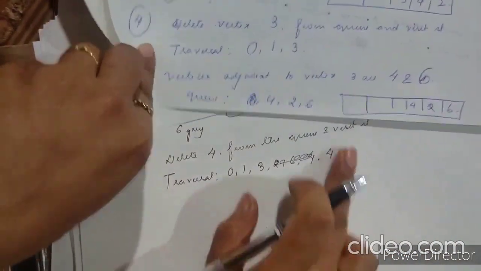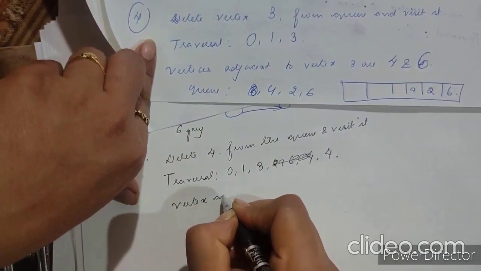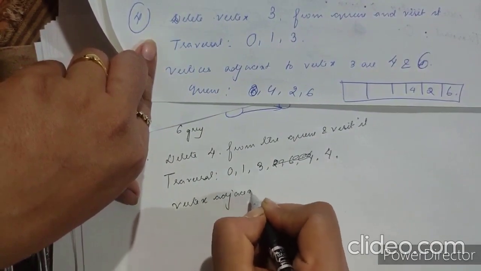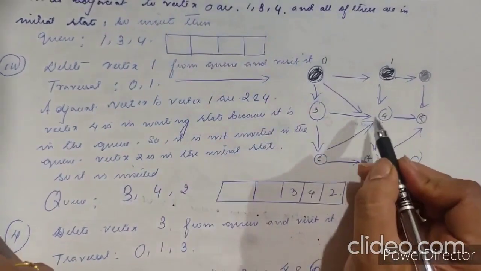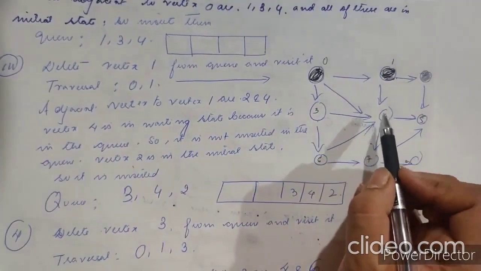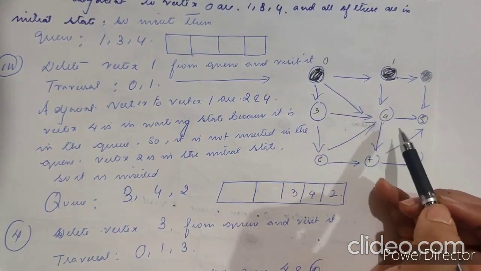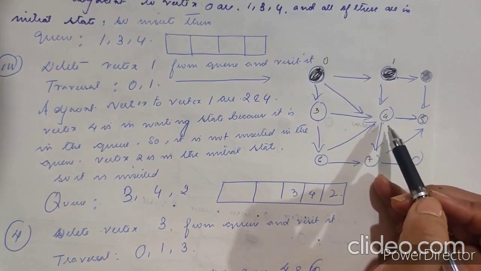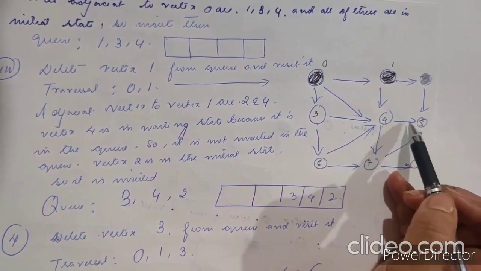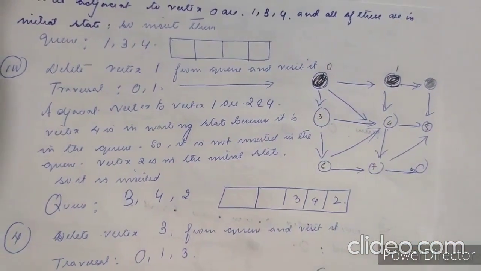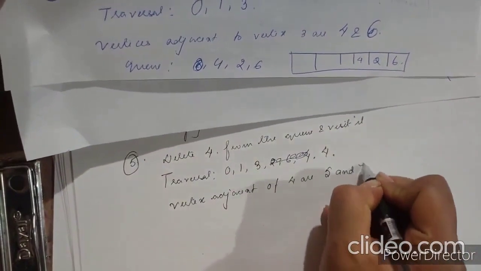Now what are the vertices adjacent to 4? If you see the graph here, 0 is also adjacent to 4. From the 4th side, the adjacent vertices are 5 and 7.